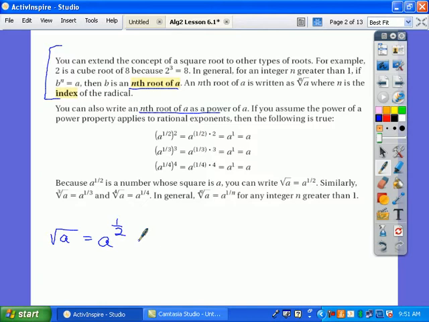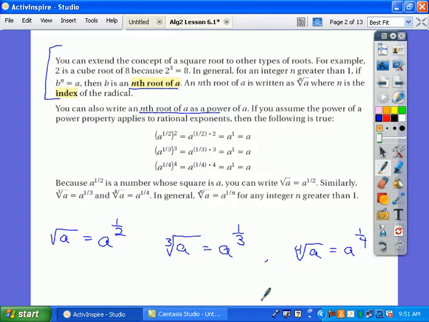If I want to talk about the cube root of A, so you throw in the 3 here, cube root of A is the same as A to the 1/3 power. The fourth root of A is A to the 1/4 power.